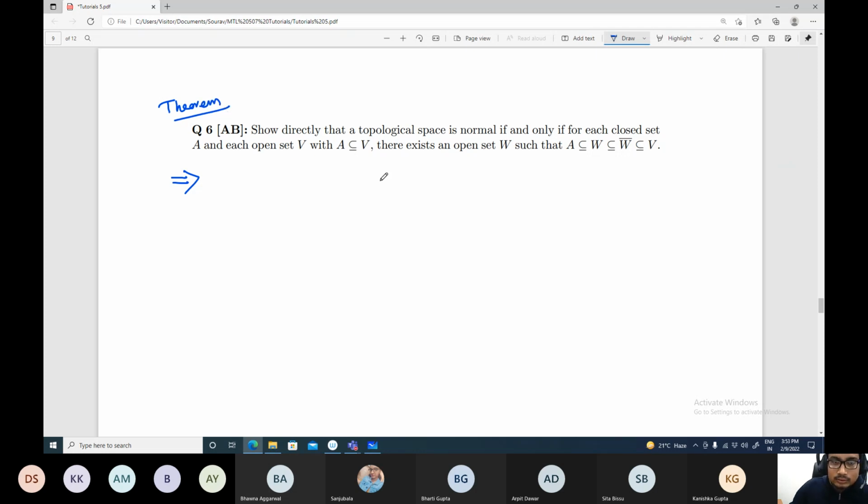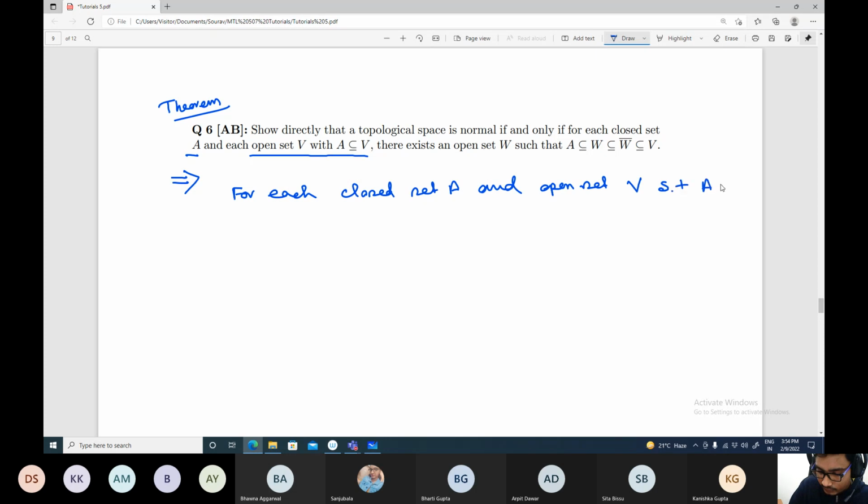A topological space is normal if and only if for each closed set A and each open set V such that A is a subset of V, there exists an open set W such that A is contained in W, and the closure of W is contained in V.